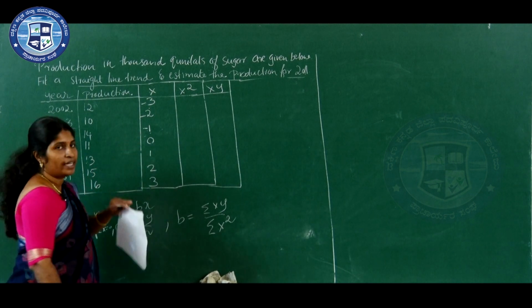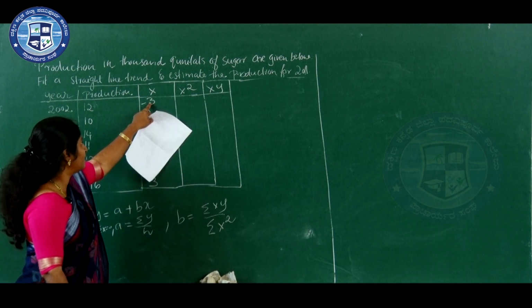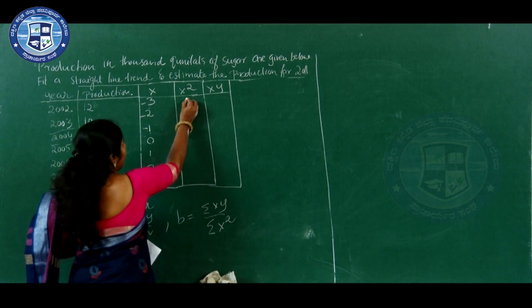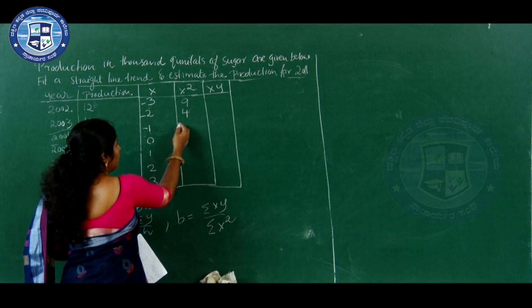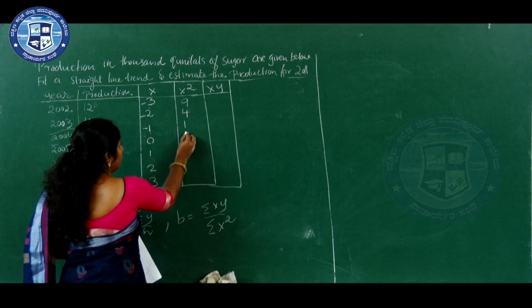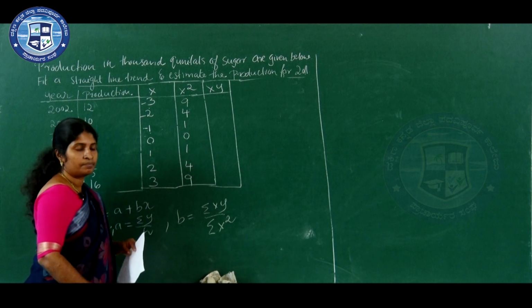X square is minus 3 into minus 3, that is 9, then minus 2 into minus 2, 4, minus 1 into minus 1, 1, then 0, then 1, 4 and 9.